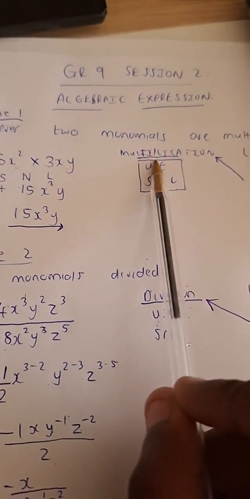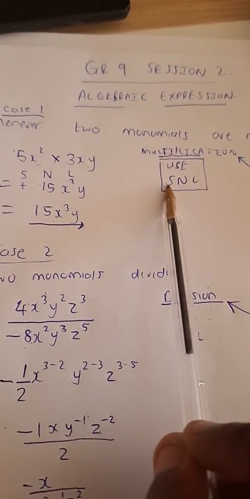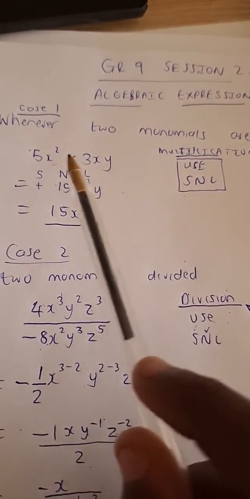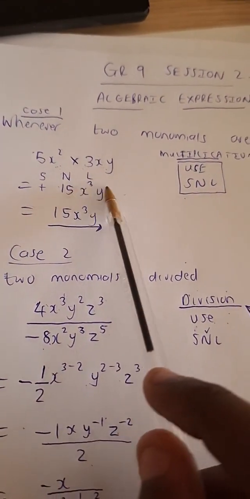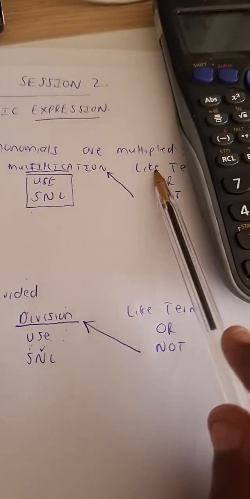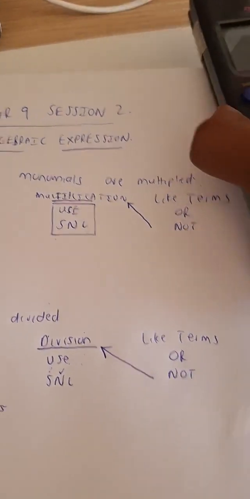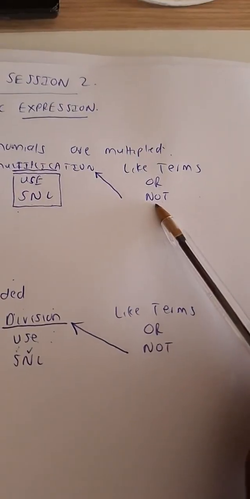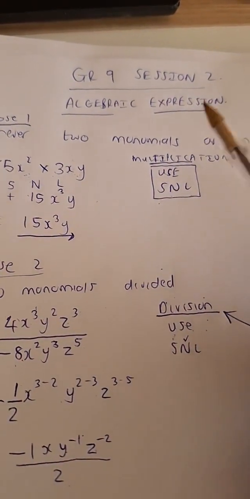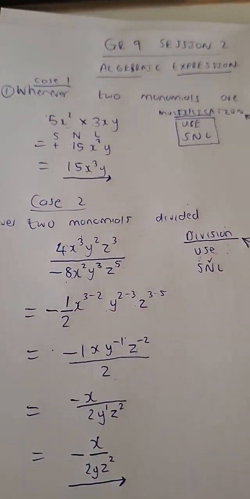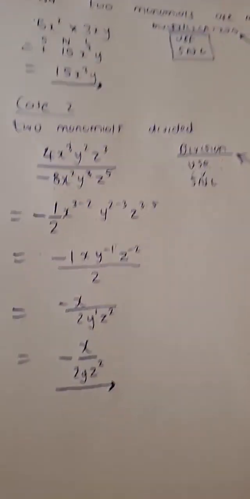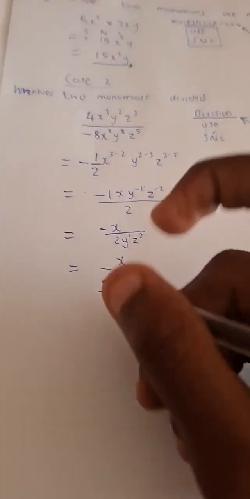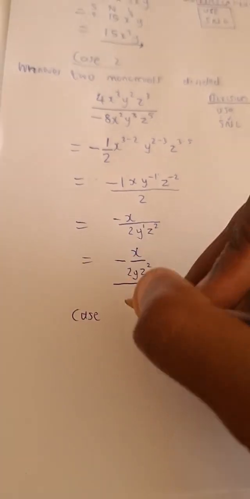We multiply using what? SNL. What does SNL stand for? We multiply the sign, we multiply the number, we multiply the letter. And already let's remember that it does not matter whether the terms are like or unlike. Multiplication happens, the show must go on. So for multiplication and division, the show must go on.